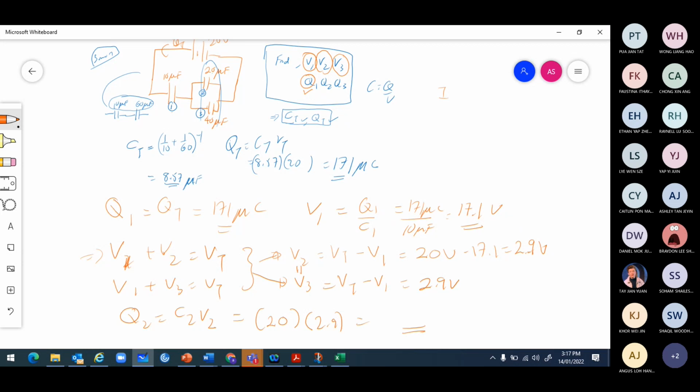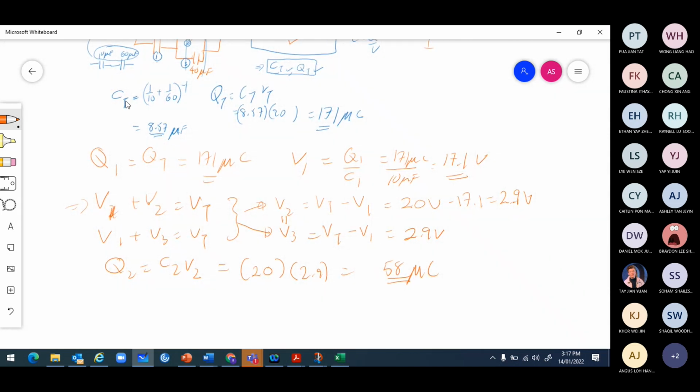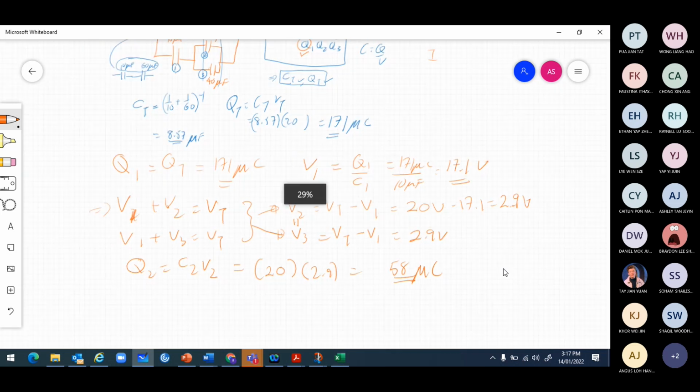So 20 times 2.9 gives 58 microcoulomb. My advice: since the capacitance is in microfarad from the beginning, don't convert; your charges will all be in microcoulombs.